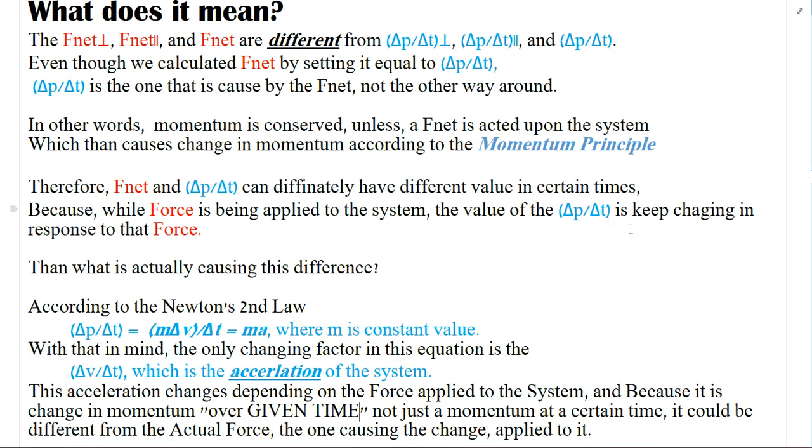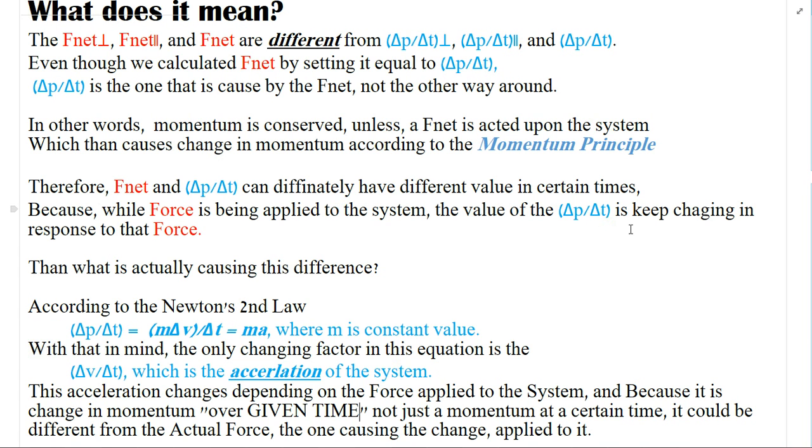Therefore, net force and dp/dt can definitely have different values at certain times, because while force is being applied to the system, the value of dp/dt keeps changing in response to the force. Then what is actually causing the difference? According to Newton's second law, dp/dt can be written as m times a, where m is a constant value.